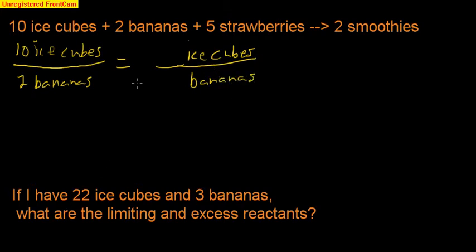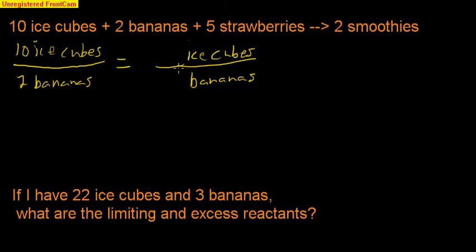After I set this up, I'm going to pick one of these. It doesn't really matter which one I pick, whether the ice cubes or the bananas, because once you find something that's limiting, you know the other ingredient has to be the excess.